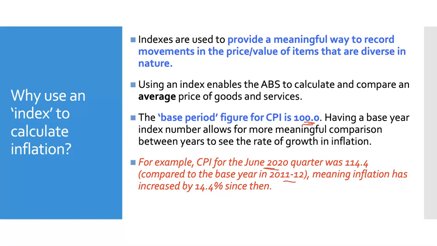In 2011, they created a baseline price level for a basket and gave it a value of 100. And now the price of that typical basket in 2020 was 114.4. So inflation has been 14.4% since 2011 to the period of 2020. So we use an index to calculate inflation.